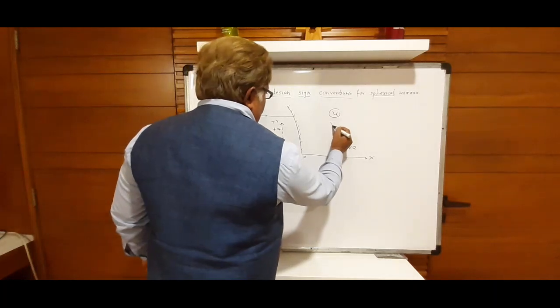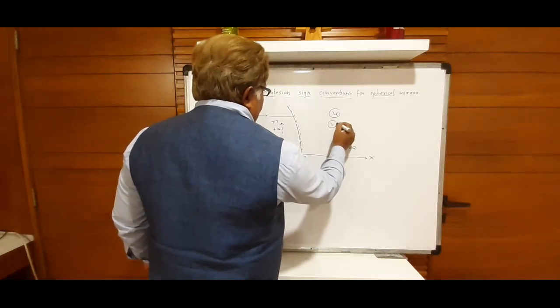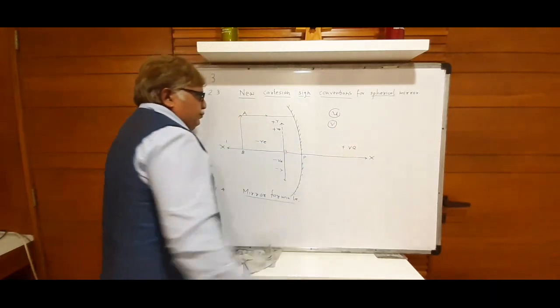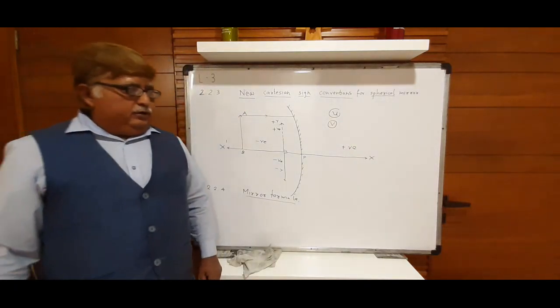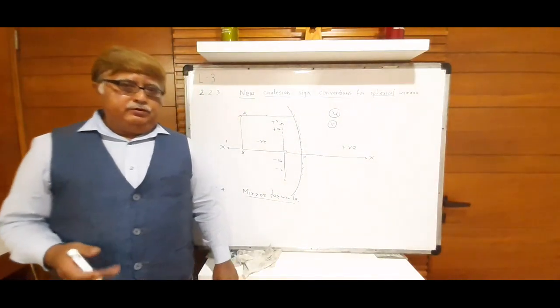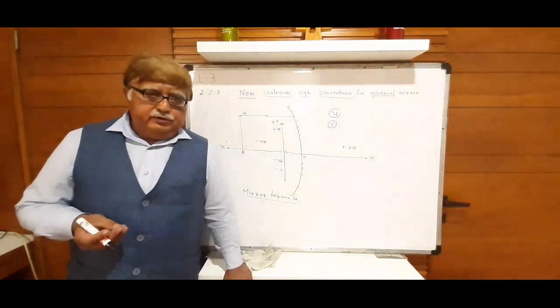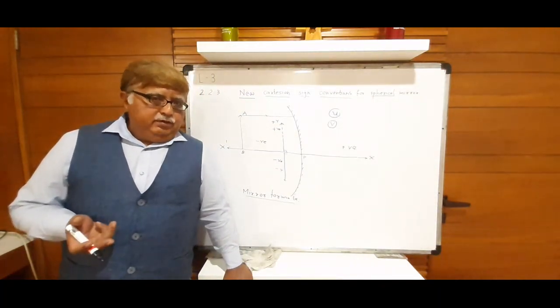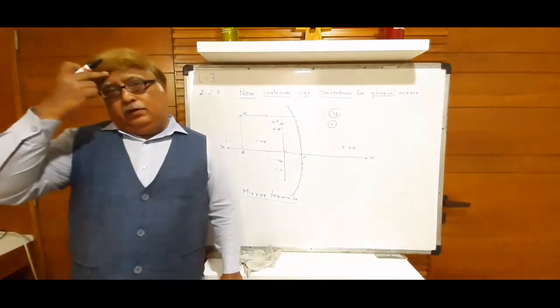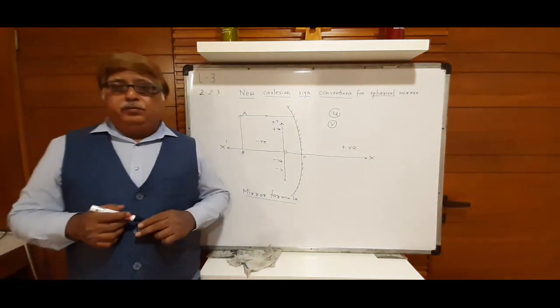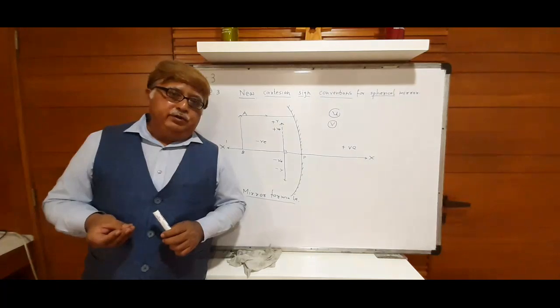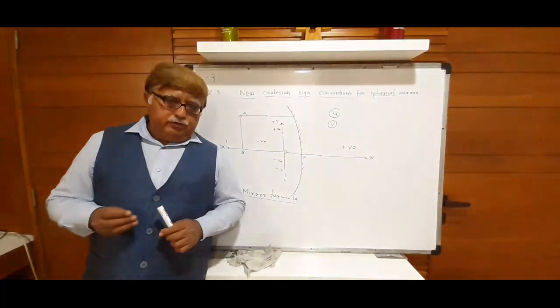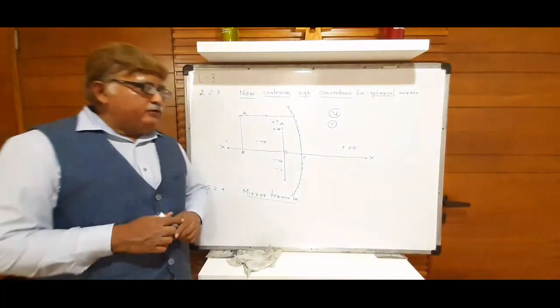That's the symbol of image distance, v. Object distance u, image distance v. About object distance and image distance we have already discussed in our lecture number 1 when I was explaining the image formation by plane mirror. So you all know u means object distance, v means image distance.